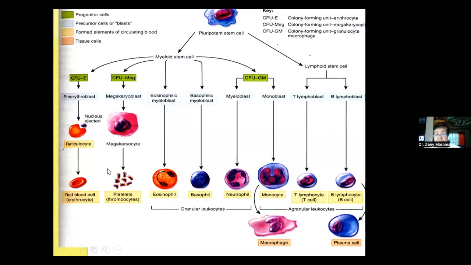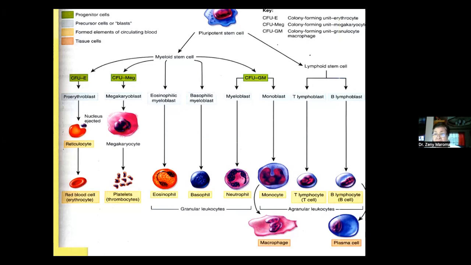So ito yung mga mature cells na if the patient had CBC, complete blood count, ito yung lalabas na mga cell count. Okay? And if the client has bone marrow injury, then you would see what are the cells which are decreased in number.